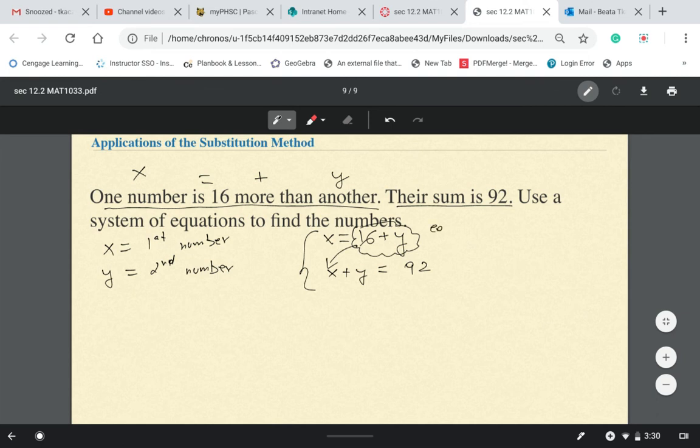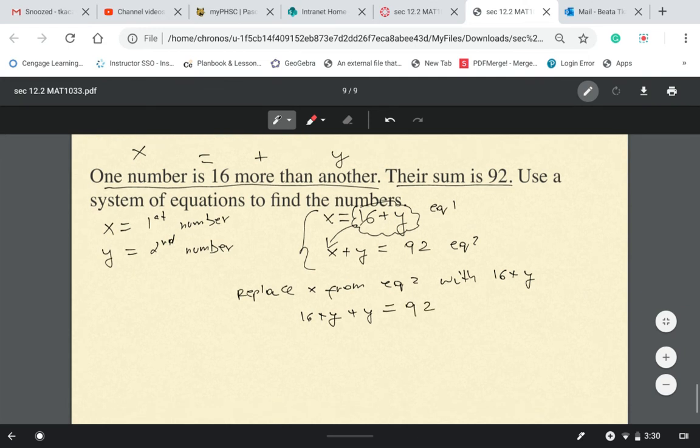So again, equation 1, equation 2. Replace x from equation 2 with 16 plus y. So we have 16 plus y plus y equal 92. And we're going to solve this equation for y.